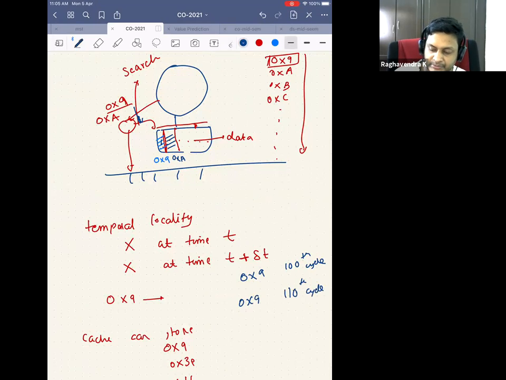So it makes sense for me to store 0x9 in the cache, such that when the address is accessed for the second time, I don't have to go to the main memory. I will find it in the cache.